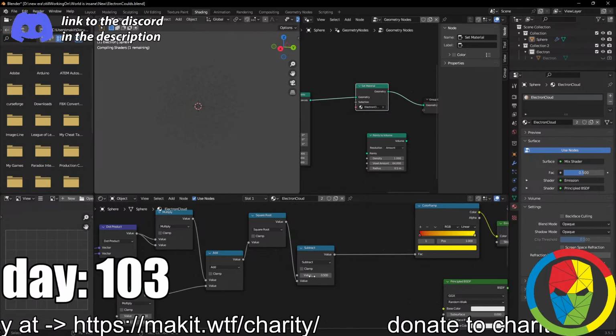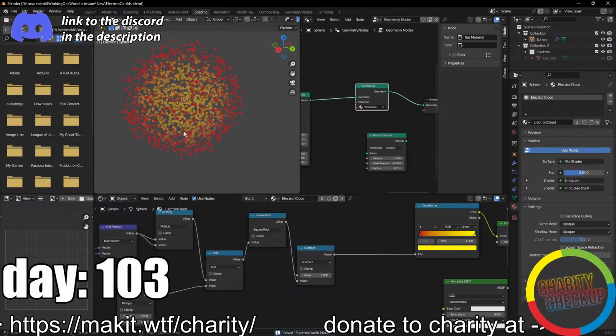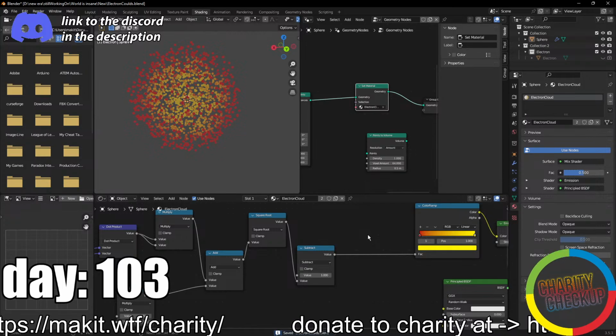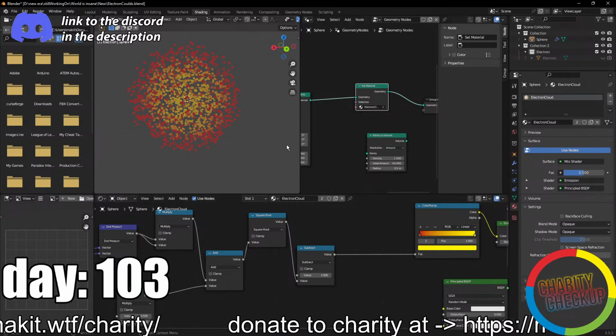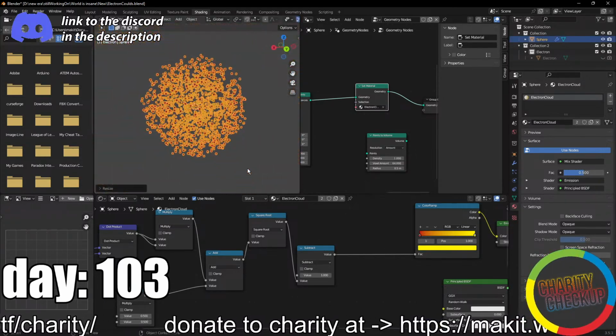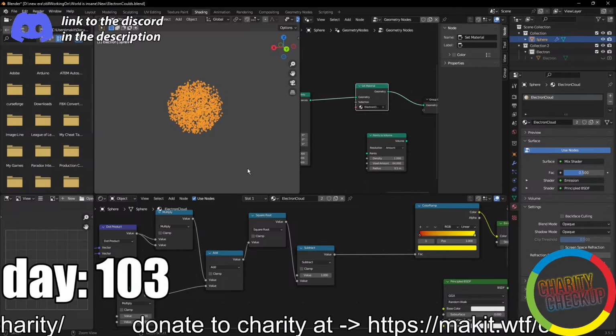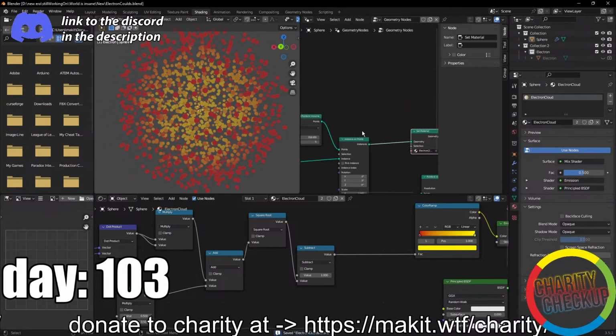Oh, it worked. Okay, we should do it this way though. Okay, red starts at 0. Yes. Now we should normalize this. Because the issue is that if we make this bigger... Well, maybe we don't have to. Somehow it works. Oh, this is exactly what I was looking for.